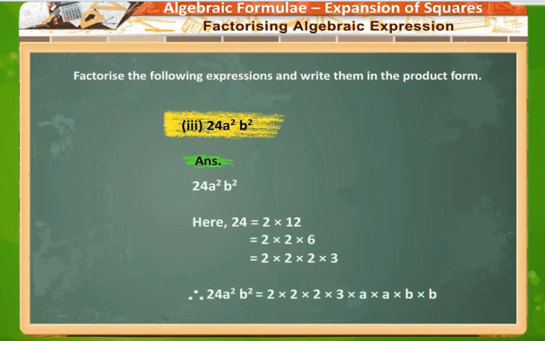A square will be written as a into a, and b will be written as b. So this is called the product form of the expressions given. Either it can be a monomial or it can be a binomial. So children, I hope you have understood how to factorize an algebraic expression.